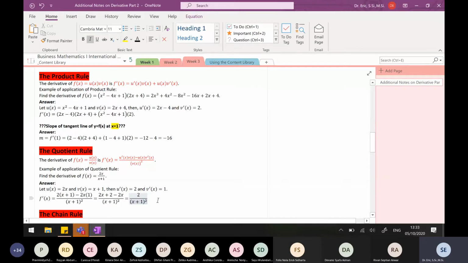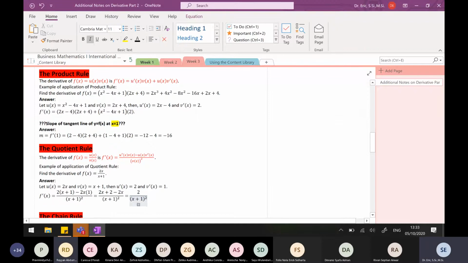So if you want to find, Ryan, what is the slope of the tangent line y equal f(x) at x equals 2? What is the slope?